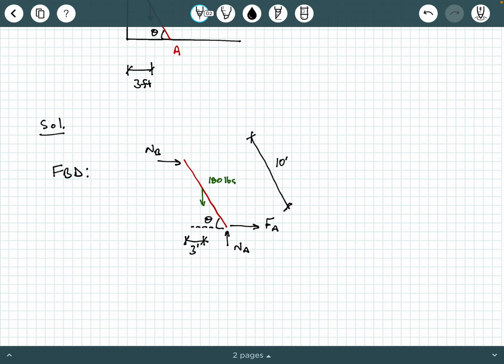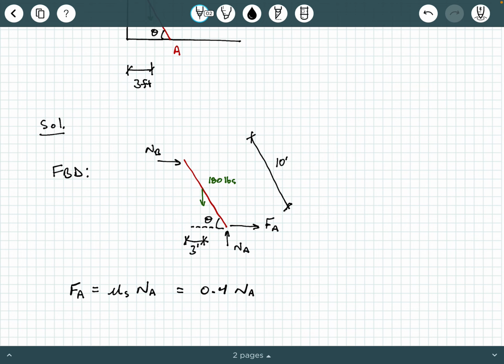So if you remember, our friction properties tell us that our friction force F sub A is equal to mu sub s times the normal force at that same point. And so we can say that this is 0.4 times N sub A. So that's going to be one of our relationships.